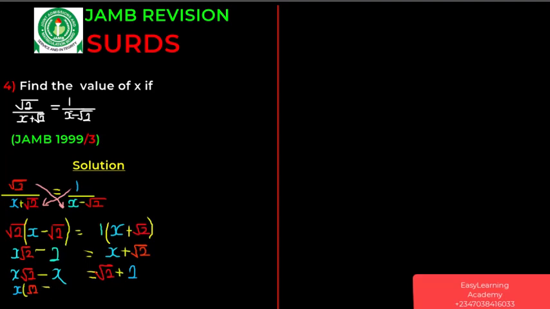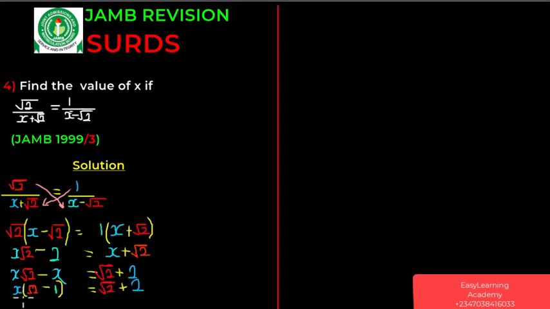Replace it with 1, and then you can close the bracket. All right, cool. Then everything here equals the right hand side, square root of 2 plus 2.